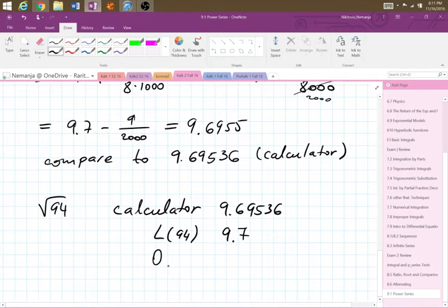Quadratic approximation gave 9.6955. Clearly, quadratic did better. Why? Because it has an extra term. If I am to add another term, it will be even better.